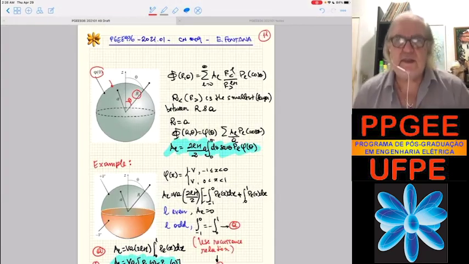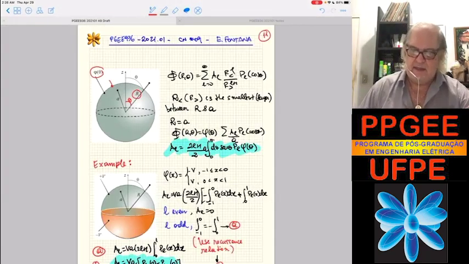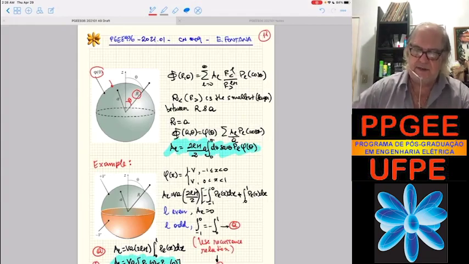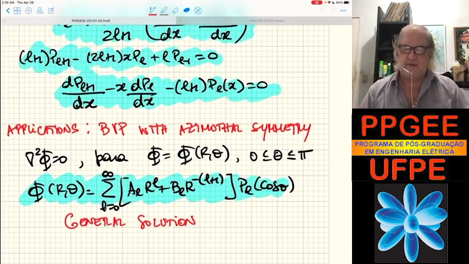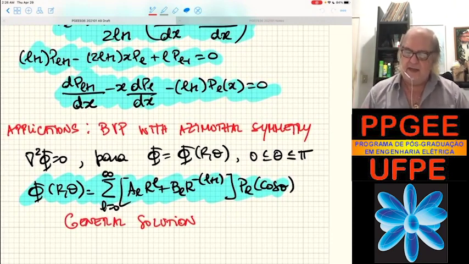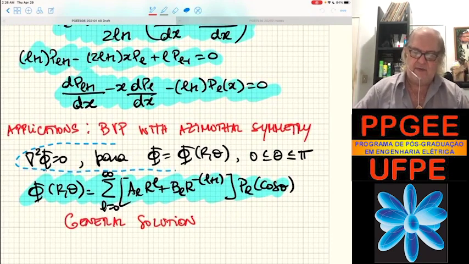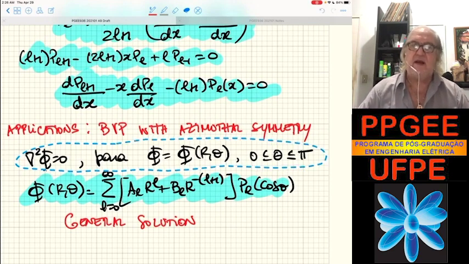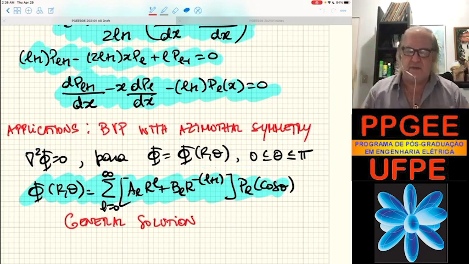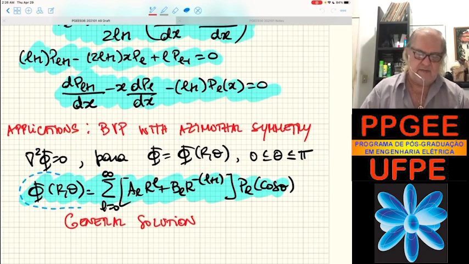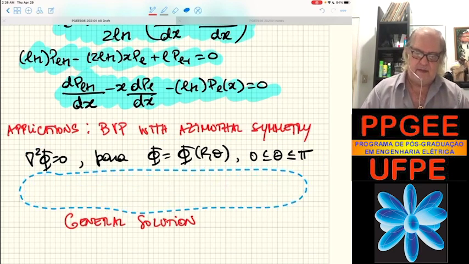So let's consider this situation in which we have boundary value problems with azimuthal symmetry. In this case, we know a priori that the potential depends only on r and theta, and because of the structure of the solution for spherical boundaries, the solution is going to be in this form, right?